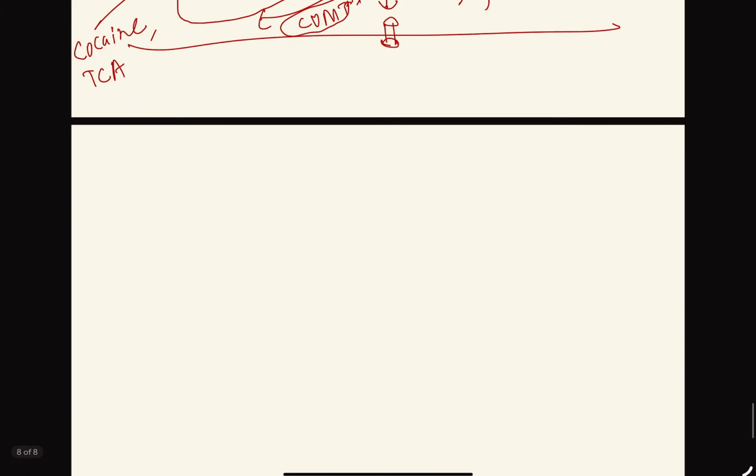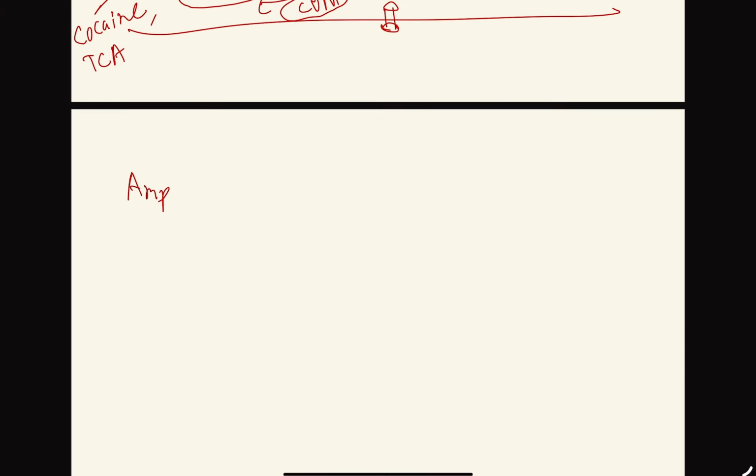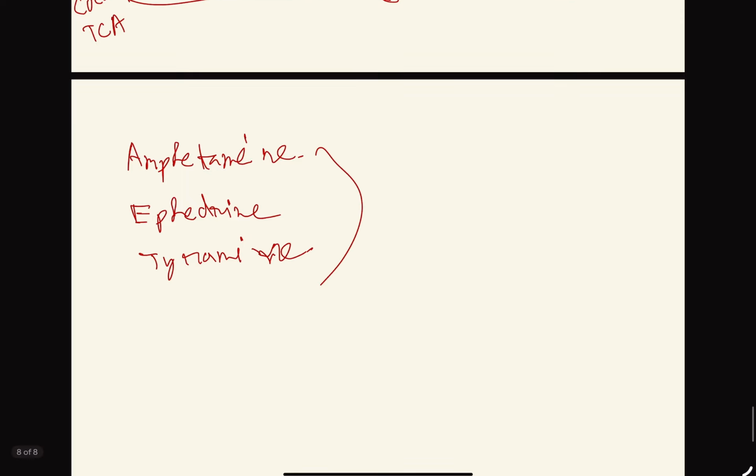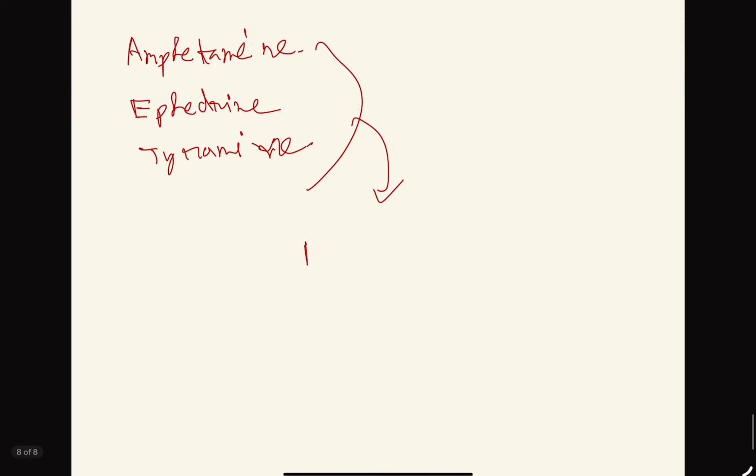There are also the drugs called amphetamine, ephedrine, and tyramine. These drugs get into the presynaptic nerve terminal and enter through the norepinephrine transporter.